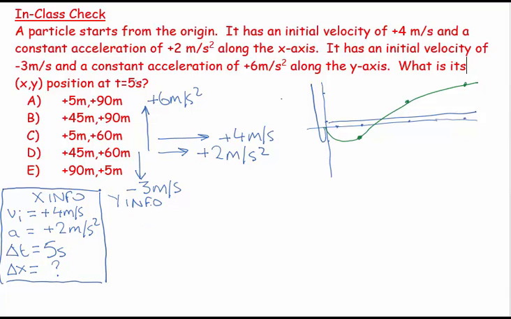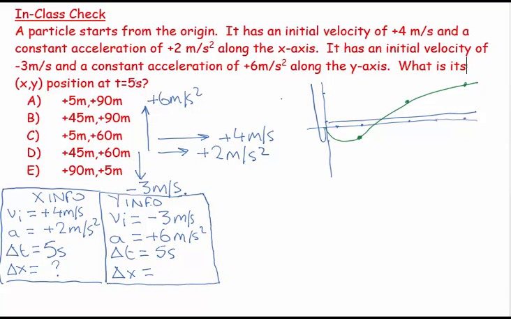Next to it, I have VI is equal to minus 3 meters per second, and A is going to equal plus 6 meters per second squared, and my time, of course, is going to equal 5 seconds. I call it delta X even if it's in the y-axis, because delta X in my mind means displacement.